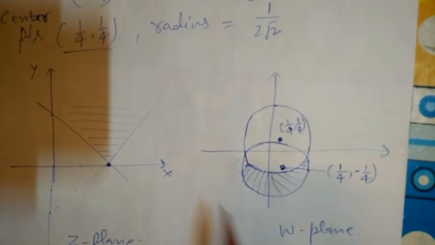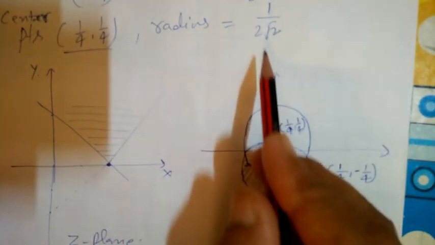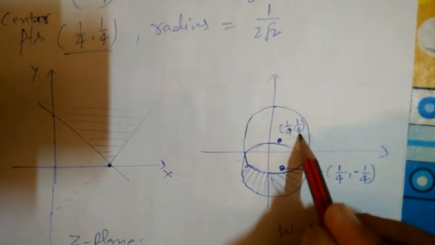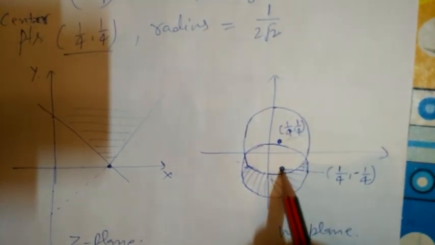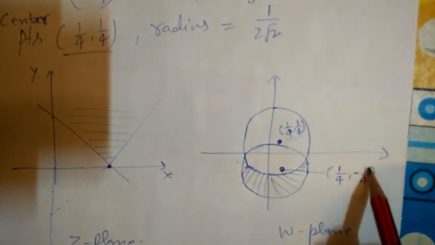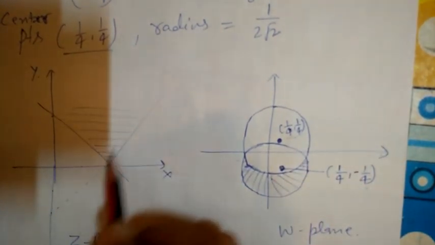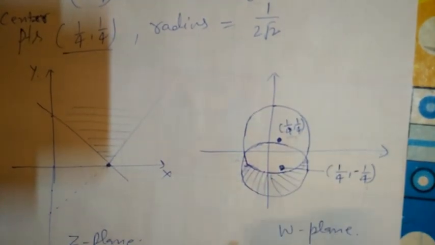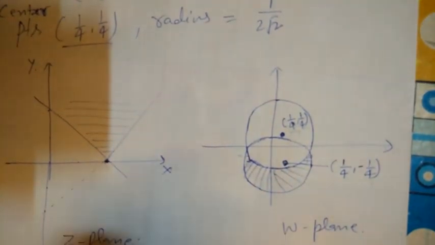So we have two center points and two radii of the circles. The radius of each circle is 1 upon 2 root 2, and the center point is 1 upon 4, 1 upon 4, and the center point of the other circle is 1 upon 4, minus 1 upon 4. So this unbounded triangular region transforms into a circle in the w plane. So this is the image of the z plane transformed into the w plane.